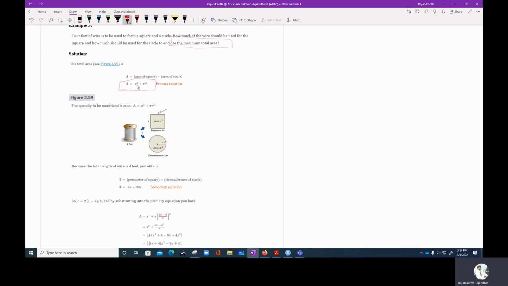You are adding both to find the formula for total area. In order to get the maximum total area, what will be x and r? That's your task now. Once you know x and r, it's easy to find the length of the wire. Like earlier, here also you are going to set up 2 equations, one with the constraint, another one with the area function, right?